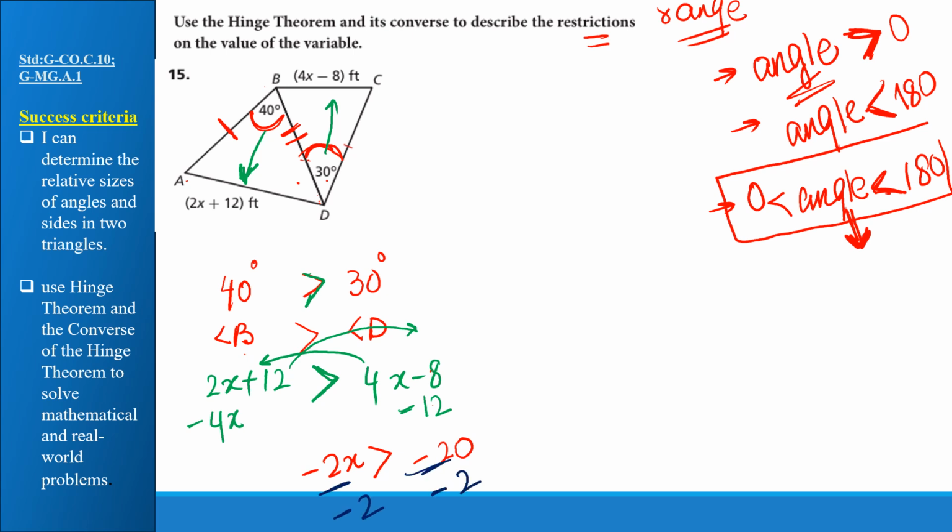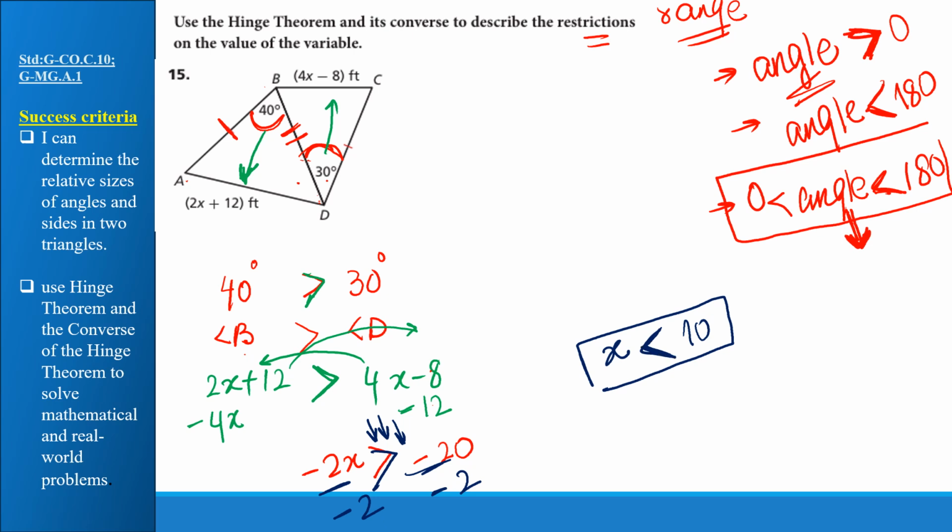And when we multiply or divide by any negative number, we change the sign of the inequality, from greater to less. So the first range is x less than 10.